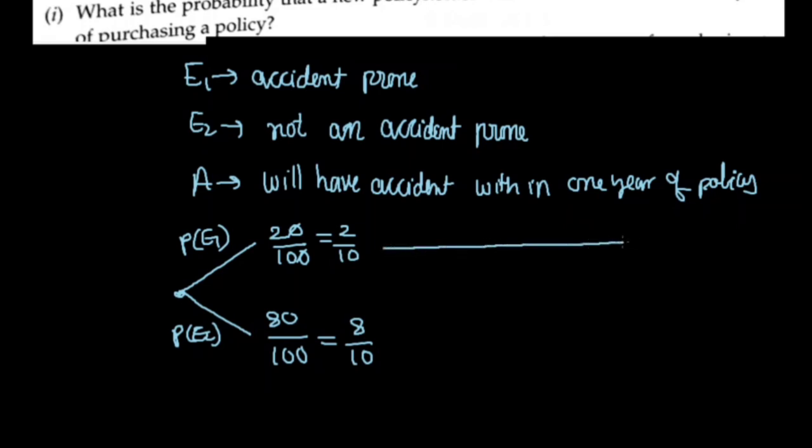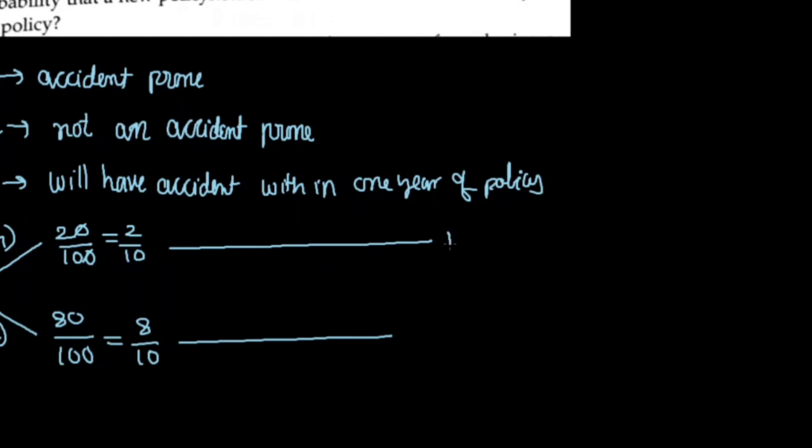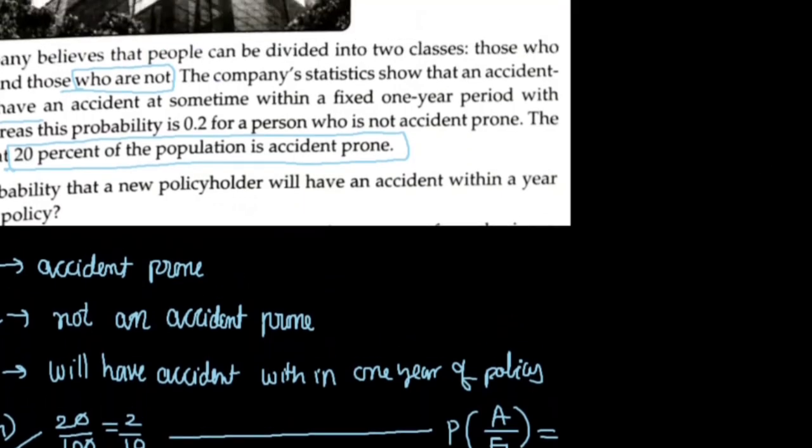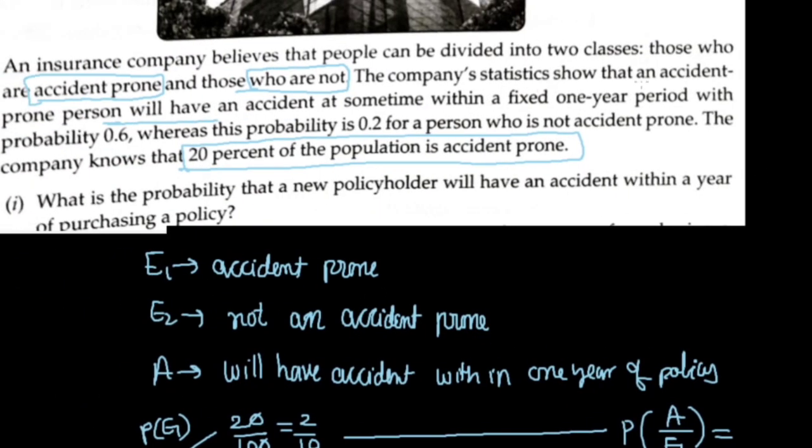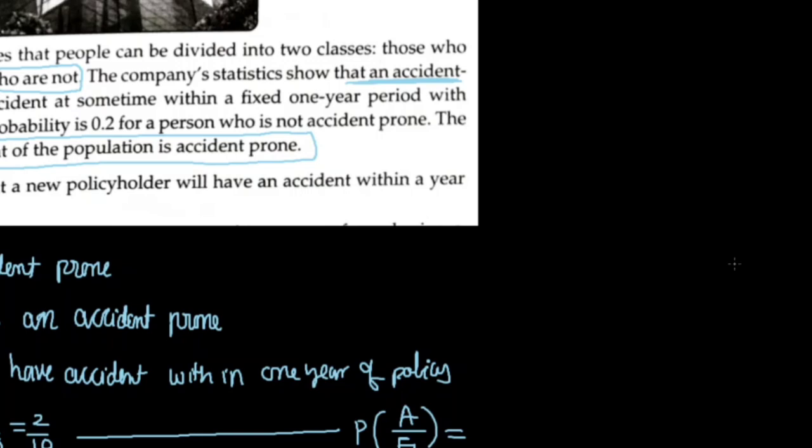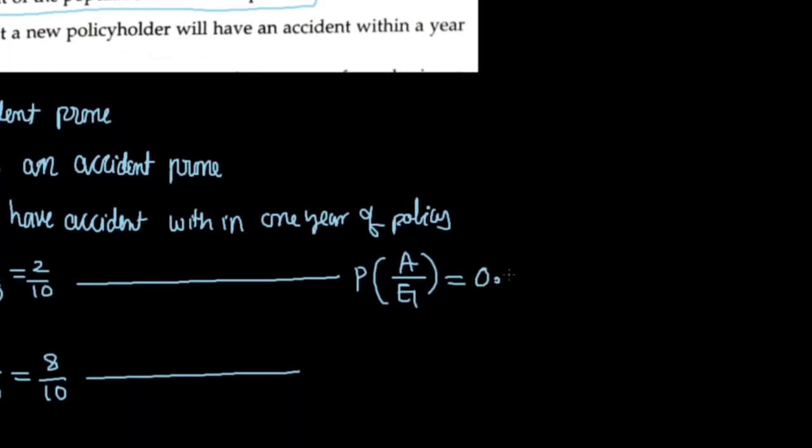Now, what is the conditional probability here? The probability of an accident happening when the person is accident prone, E1, is given as 0.6. An accident prone person will have an accident at some time within 1 year with probability 0.6.